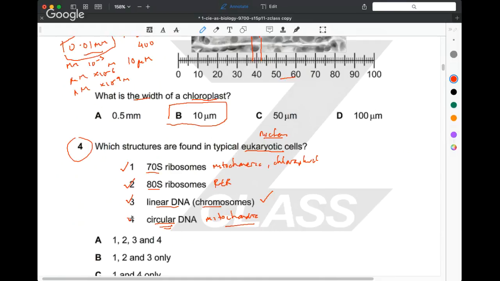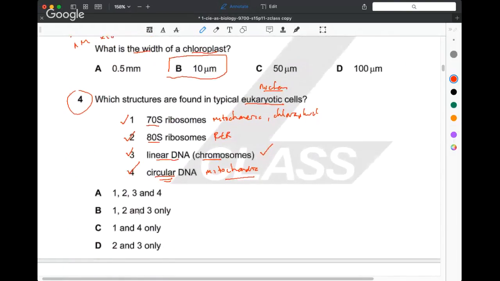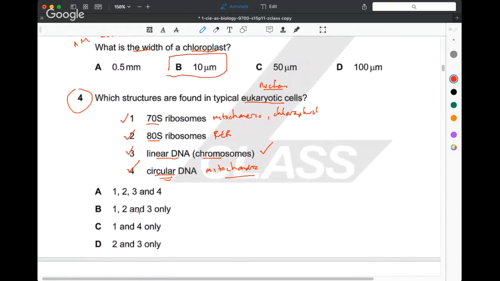So that is also found in a eukaryotic cell, but if you like, it's buried one layer deeper, so to speak, within the organelle within the eukaryotic cell. And so for this answer here, 1, 2, 3, and 4, all of those were found within the eukaryotic cell? And answer A was the right answer there.